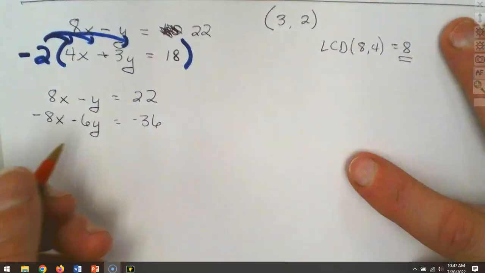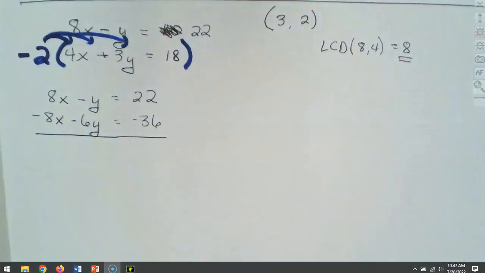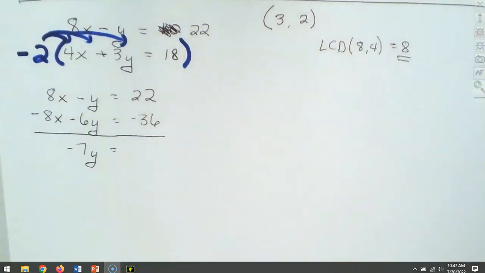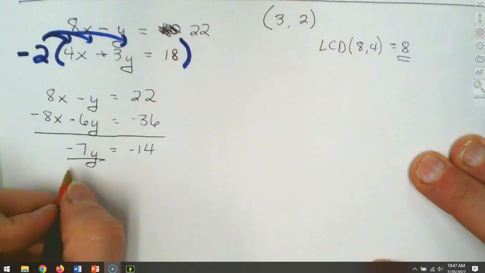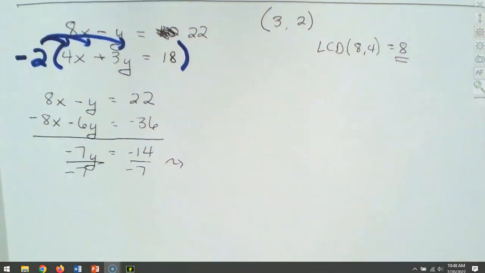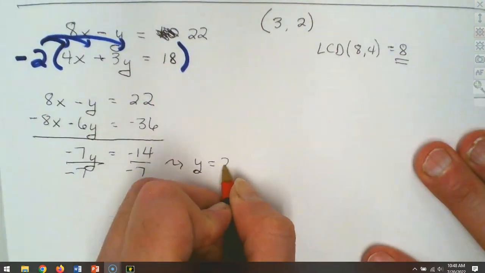Now, what's going to happen when I add these together? Well, when I add these together, the x's cancel, and I'm left now with minus 7y equals, we've got 22 minus 36, that's a minus 14. We'll divide by our negative 7. And negative over negative makes it a positive, so y is now 2.